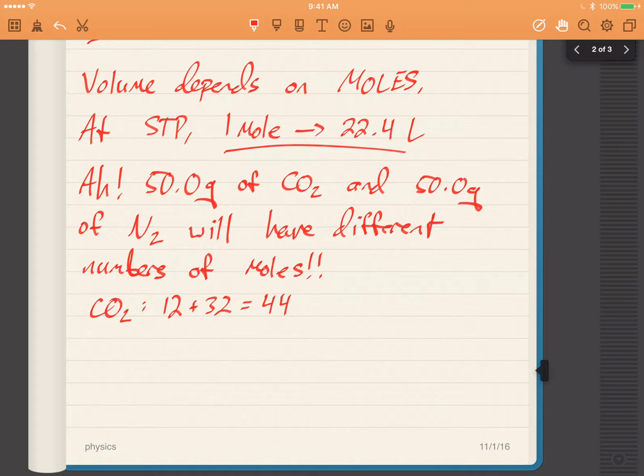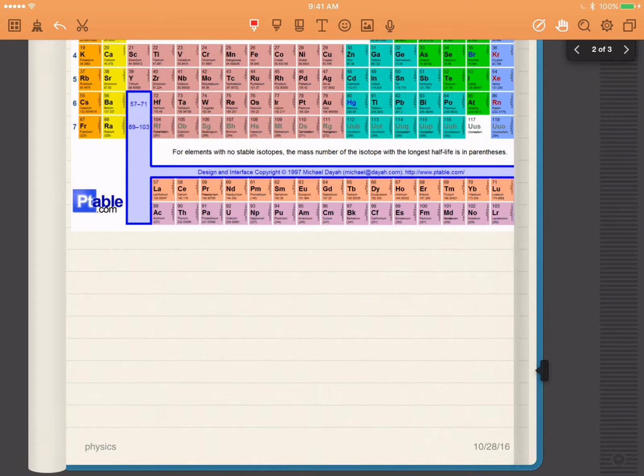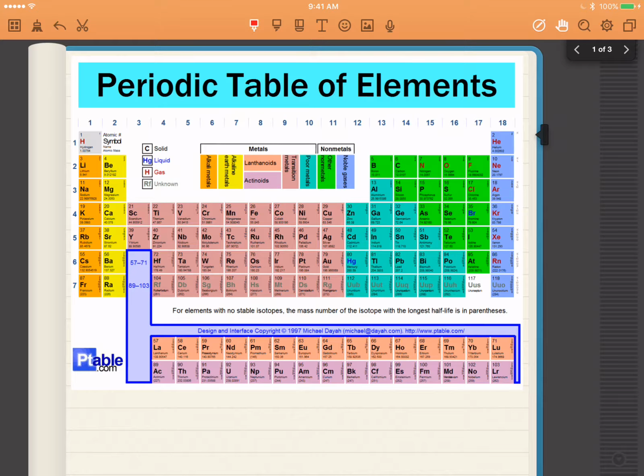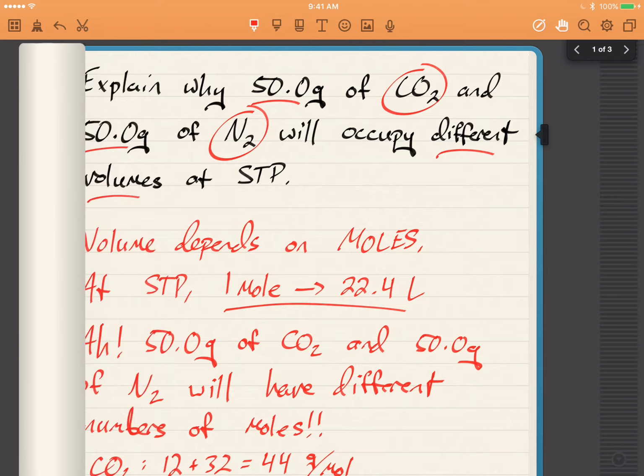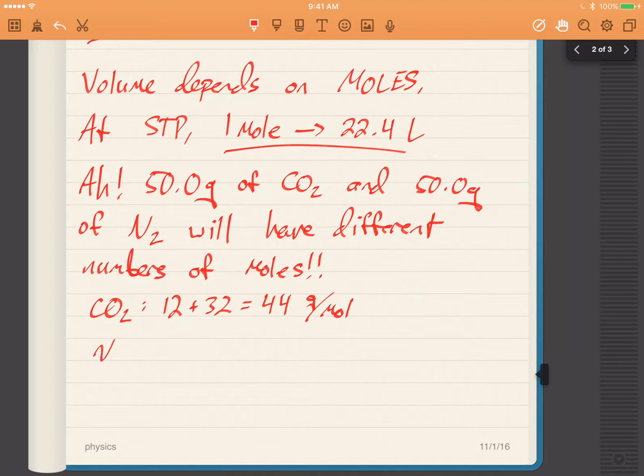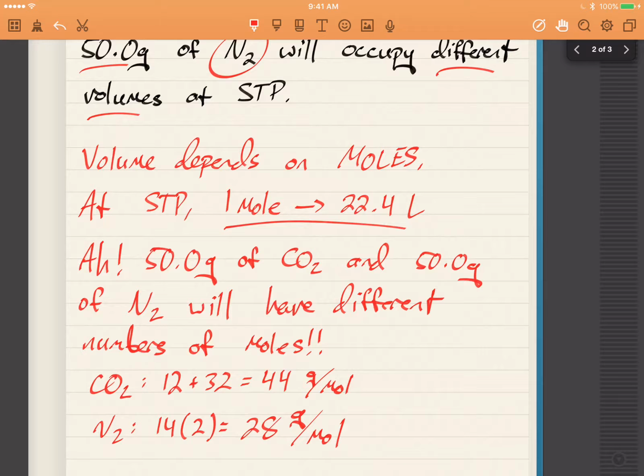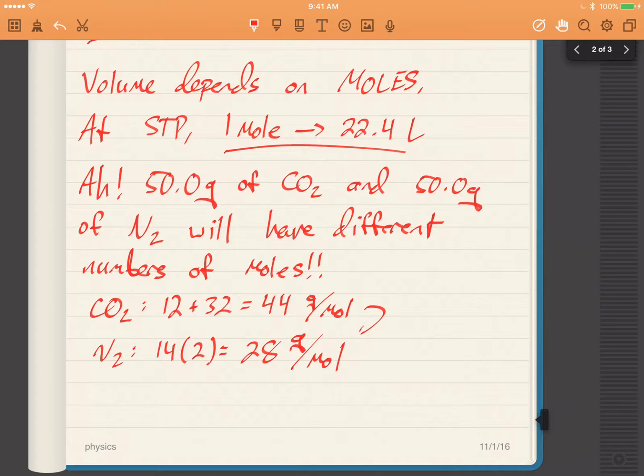This will be about 44 grams per mole. And N2, what will that be? That will be, let's call that 14. Ignore the decimals. N2 will be about 14 times 2, and that's 28 grams per mole.